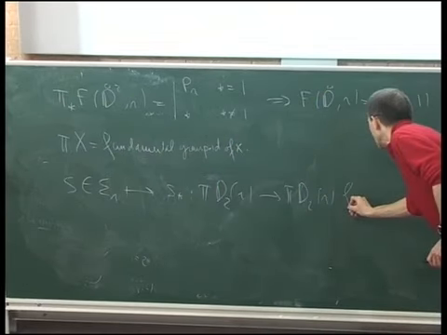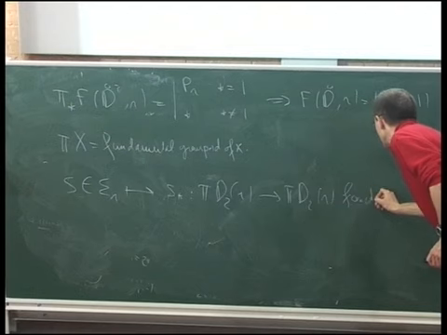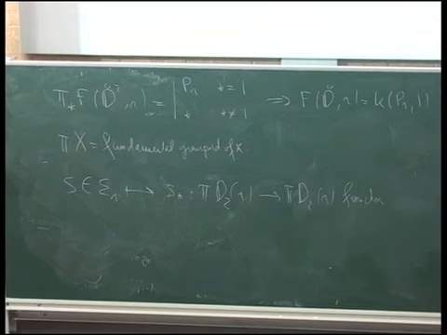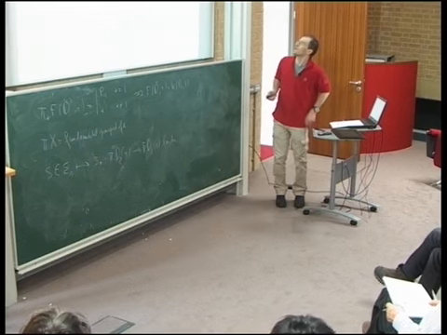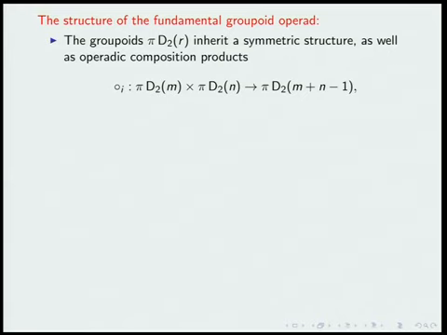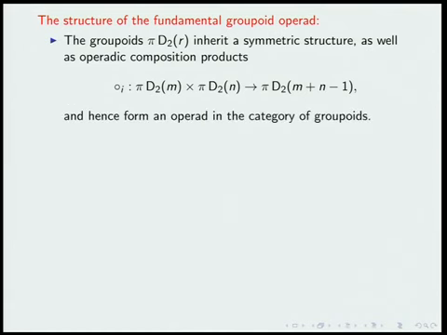It's a map at the object set level, and it also carries morphisms in the fundamental groupoid to morphisms coherently. Okay? And you have also operadic composition products. These operadic composition products are again functors between groupoids. And so as a consequence, the collection of fundamental groupoids of the little 2 disk operad form an operad in the category of groupoids.